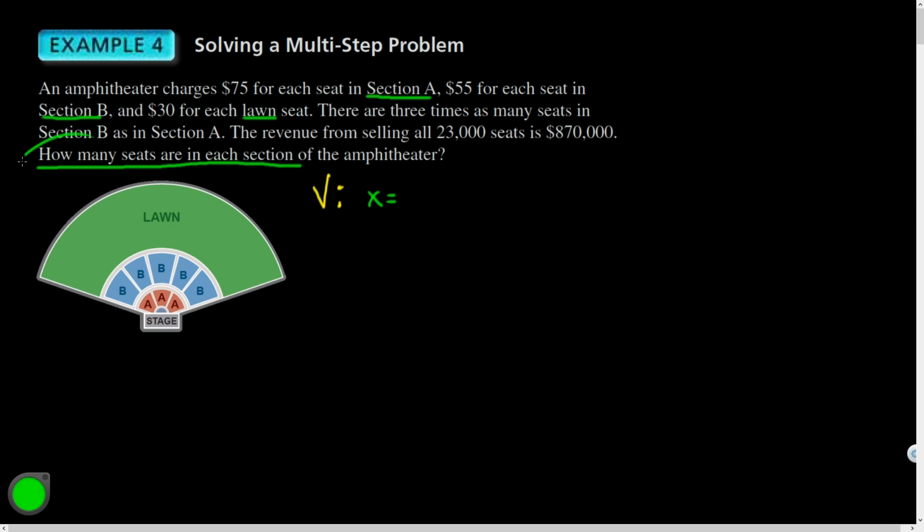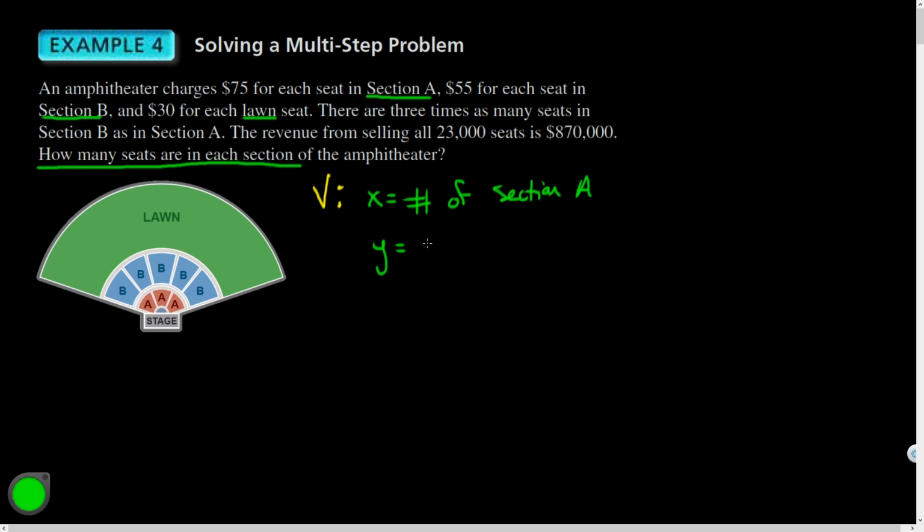And since this is asking how many, not how much money or whatever, it's going to be a quantity that this variable is representing. So X is the number of section A seats.